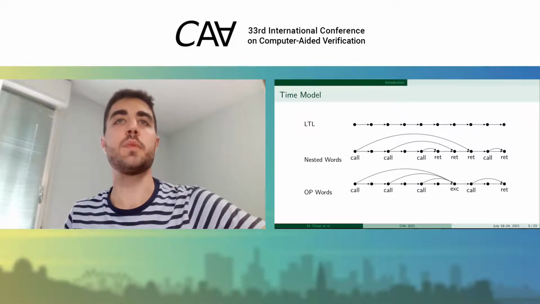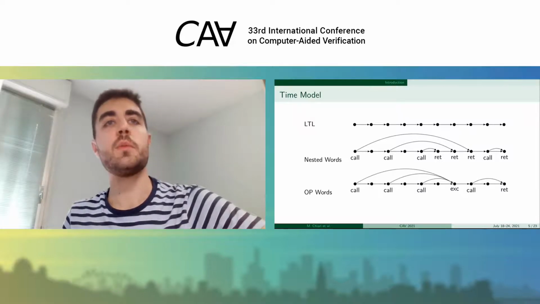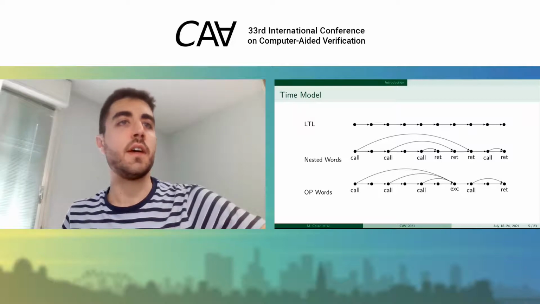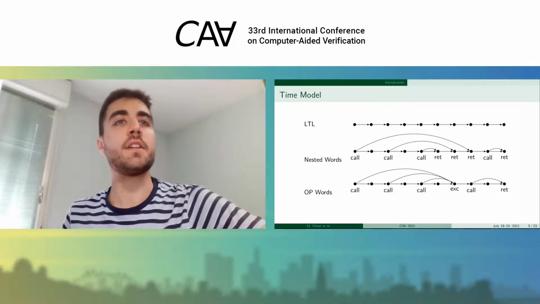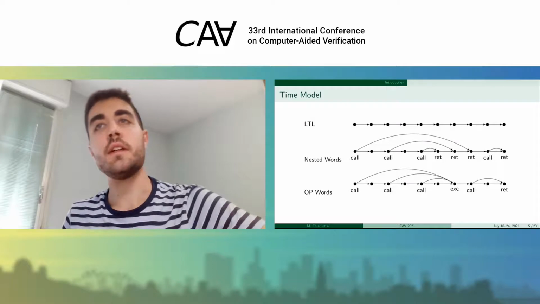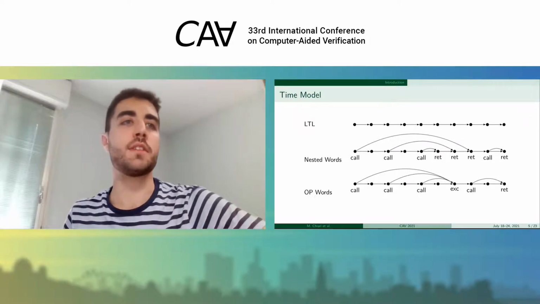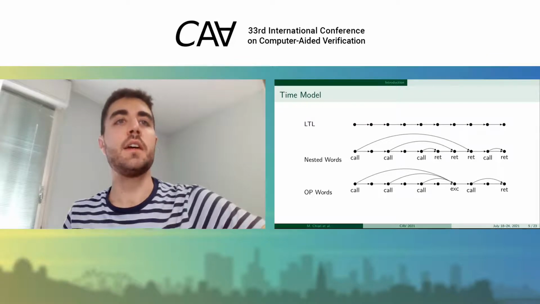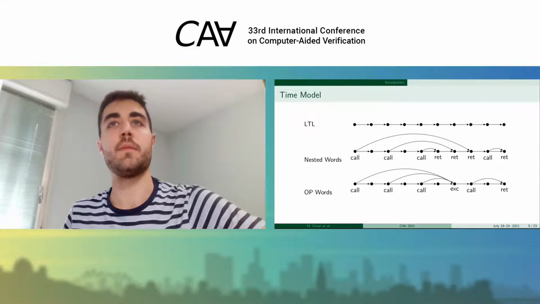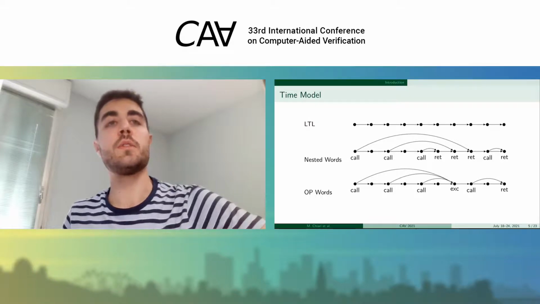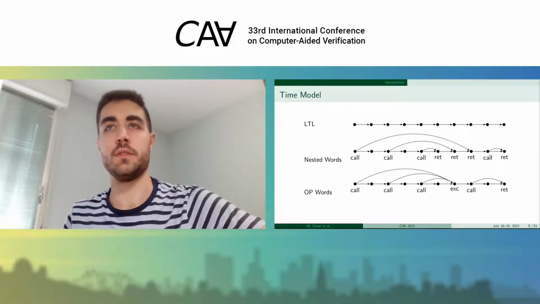So we introduce OP words, which are based on operator precedence languages, and OP words have a nesting relation that can be many-to-one or one-to-many in addition to one-to-one. So we can model exceptions. As you can see, here we have an execution trace where all terminated calls are in relation with the exception that terminates them. We could also model continuations. However, in this talk, we focus on exceptions only.